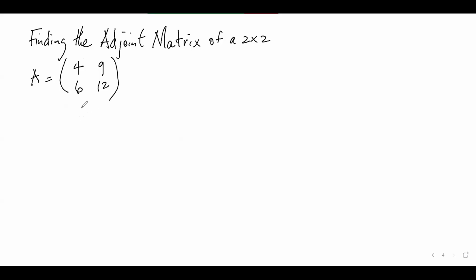Now, to find the adjoint matrix, we must interchange our leading diagonal. That's step 1. So you have 2 steps, and that's step 1.